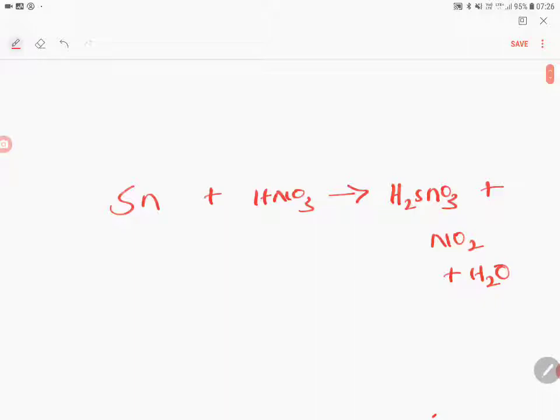So you can balance this reaction by the oxidation number method. Therefore, we get metastannic acid. So this is a very important reaction, the action of tin metal with respect to nitric acid.